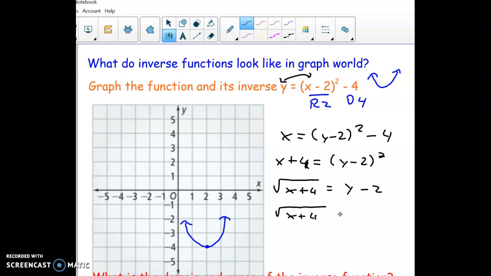Our final step then is to add 2. So we'll have a 2 outside of the square root symbol. To graph this, for today, you could just type it in your calculator, it'd be just fine. But in the next lesson, we're going to learn that the square root function is actually kind of like the parabola turned sideways shape. And this one would just be shifted left 4 and up 2. So left 4, up 2.